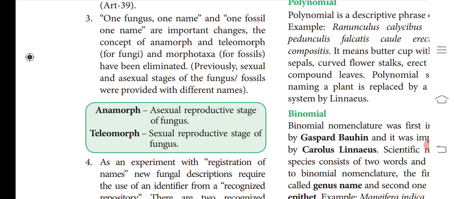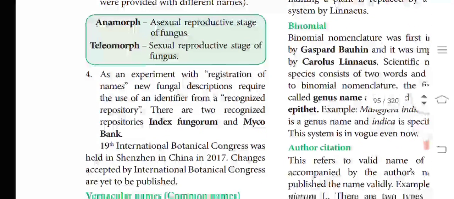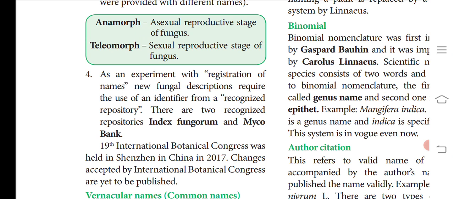So anamorph and teleomorph is an important question. Asexual reproductive stage of fungi is anamorph. Teleomorph is the sexual reproductive stage of fungus. As an experiment with the registration of the names, new fungal descriptions are required. So if you are going to find a new fungus, you have to give its description before naming it.